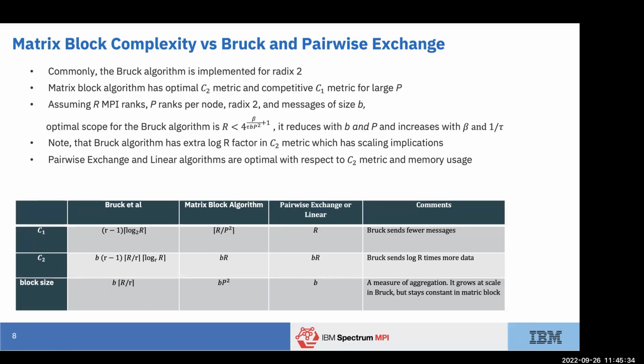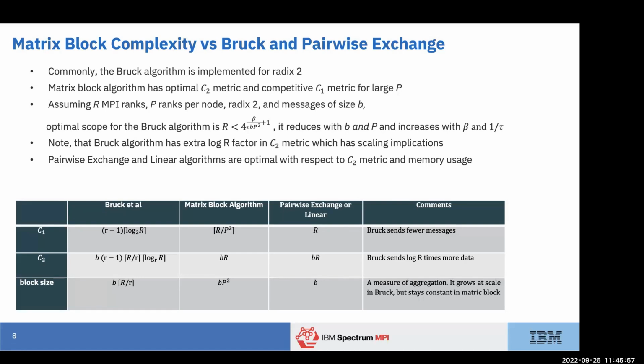But with regard to the C1 metric, we see a big difference between, say, pairwise exchange and the matrix block, in that we are sending p squared times fewer messages than the linear algorithm.